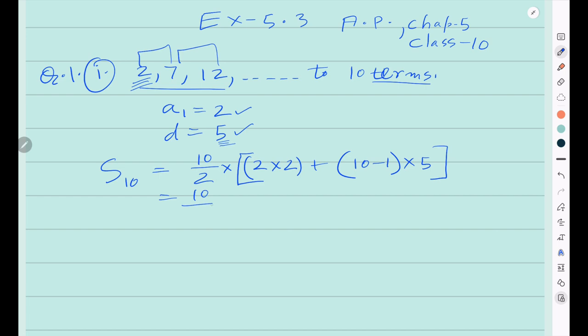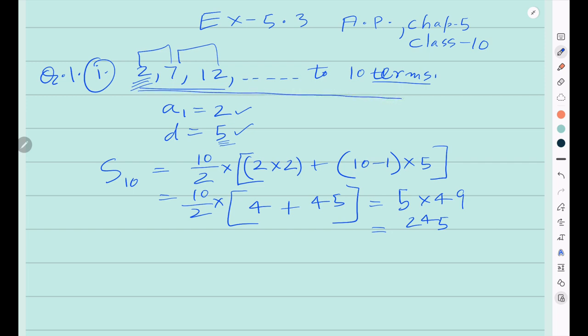So 10 divided by 2, and then 4 plus 45, is equal to 5 times 49, and that is 245. So 245 is the sum of all 10 terms, starting from 2. So that is the first question.